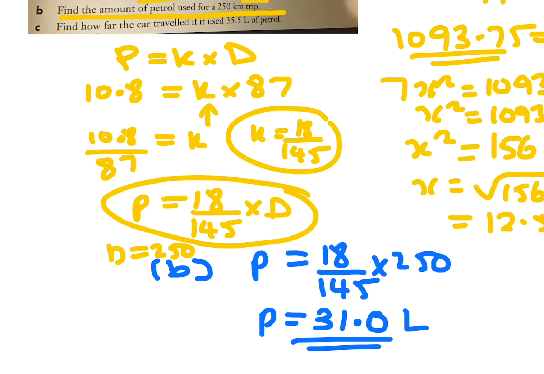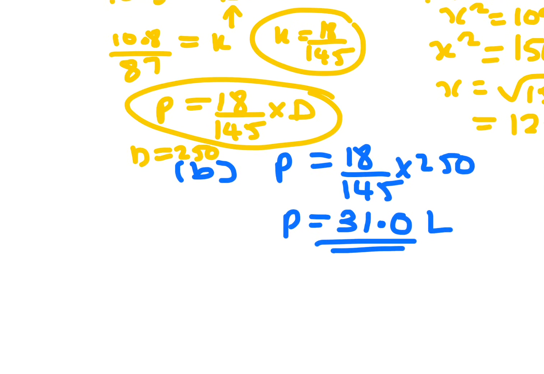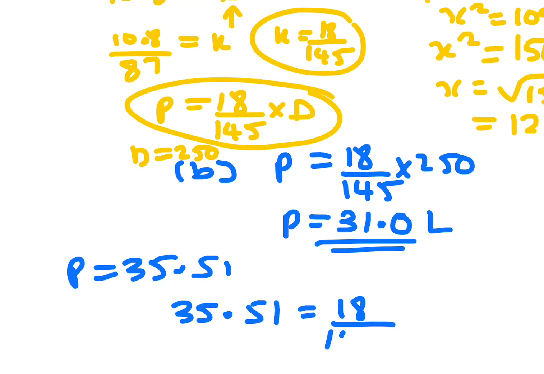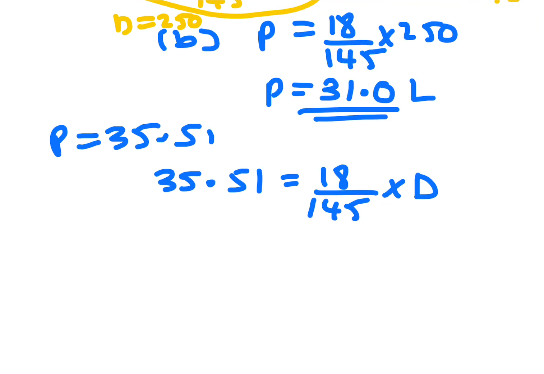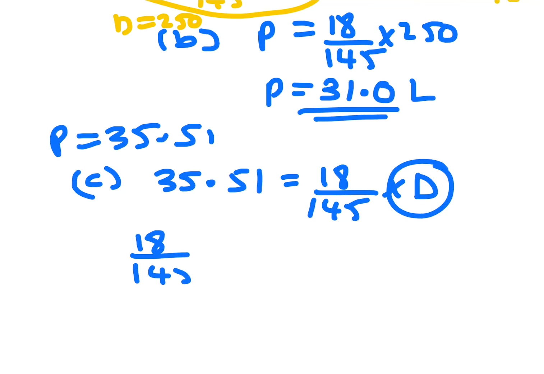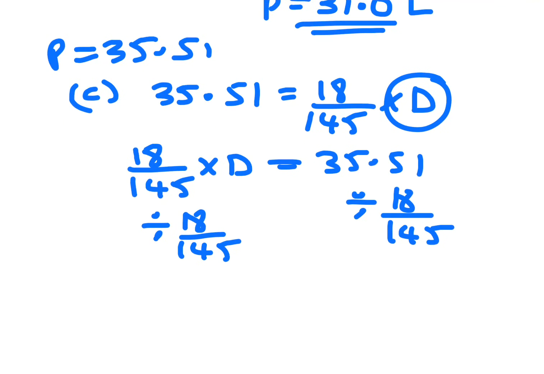So when you're looking at part C, if the petrol is 35.51, then 35.51 equals 18 on 145 times D. So if you want to get D by itself, 18 on 145 times D equals 35.51, then you divide by 18 on 145 on both sides, because you want to get D by itself.